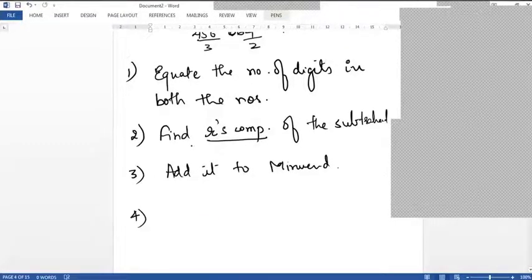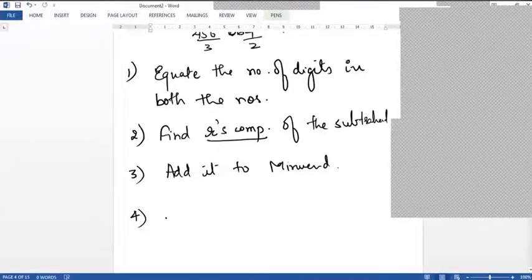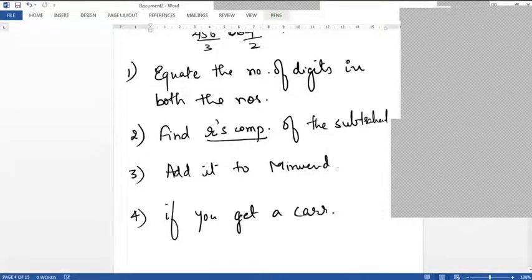Next, whatever answer you got, check if you get a carry. If the number is a 3-digit number and you get the answer in 4 digits, that fourth one is your carry. If you get a carry, ignore it, and the remaining part would be your answer.